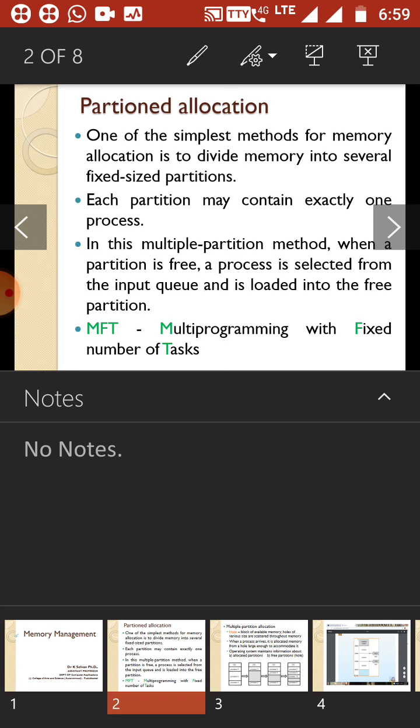In partitioned memory allocation technique, which is also a simple method for memory allocation, the user memory area is divided into many fixed size partitions. This is very important. In single contiguous, the entire user memory area is treated as a single block.